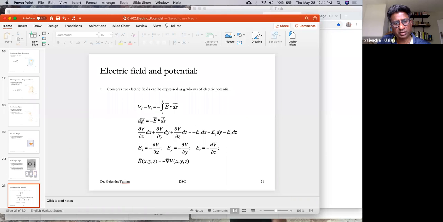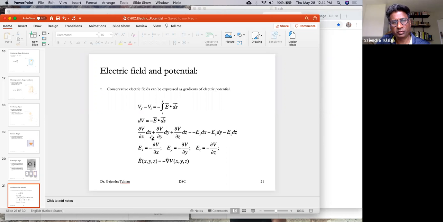If V depends on 3 variables, then the change in V is del V by del x times dx plus del V by del y times dy plus del V by del z times dz. So that's dV. And you can take the dot product of these two vectors, which is Ex dx, Ey dy.